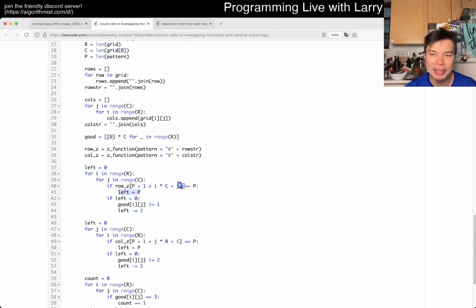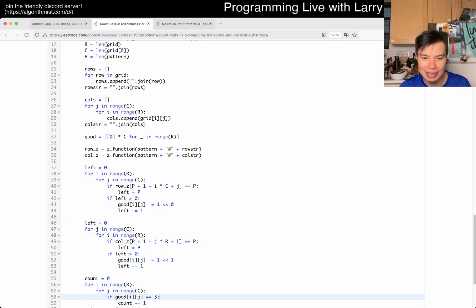I said left is equal to P. That means we want to update the next P things, and this is what this is. If left is greater than or equal to 0, then we update it, and we update it by just using a flag. I use 1 and 2, one for row and one for column, in a bitmask kind of way: 1 shifted by 0, and 1 shifted by 1.